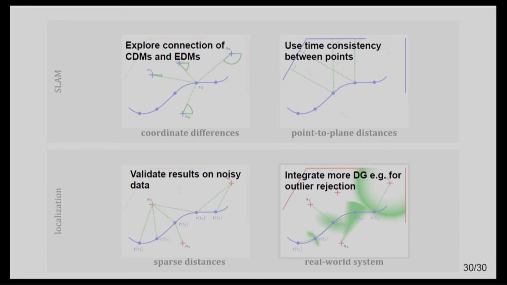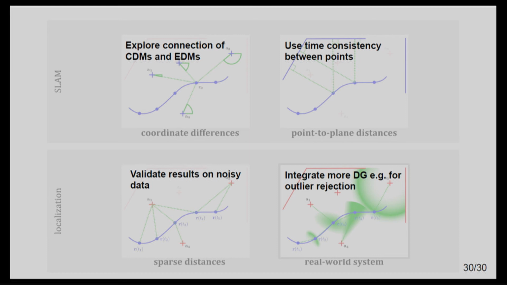We haven't validated these sparse distance methods on noisy data, and our intuition is that it would probably be quite sensitive to noise, actually. So this would be another research direction to make this work robustly.